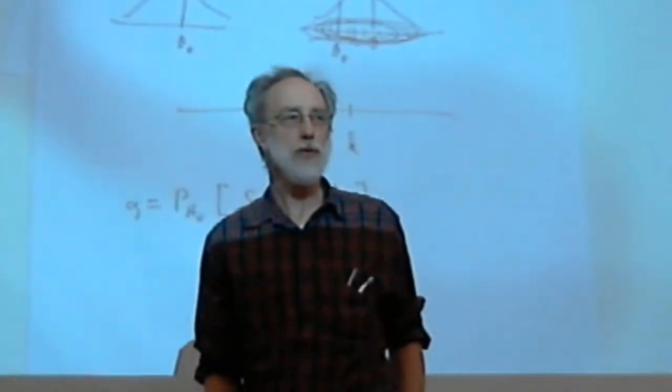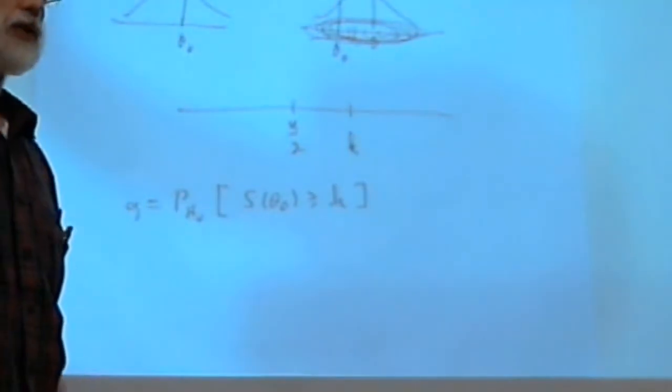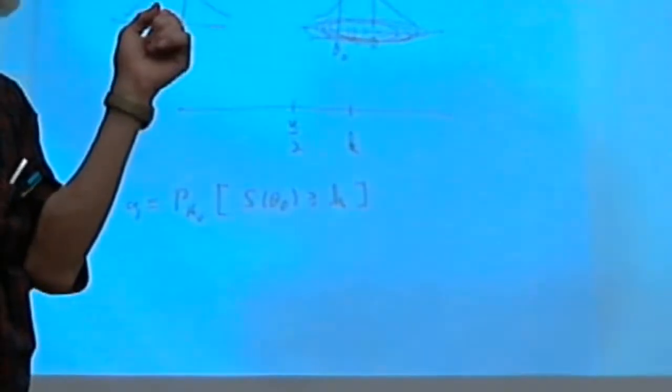And what's the solution? It's easy, right? What's the distribution of S? S is just counting up the number of observations which are over theta naught. It's a success if it's over, a failure if it's under. It's just counting up the number of successes. It's binomial under H naught. In fact, it's binomial under HA.